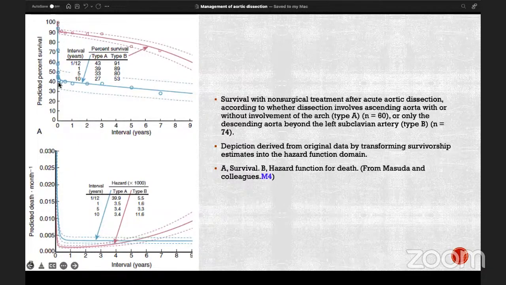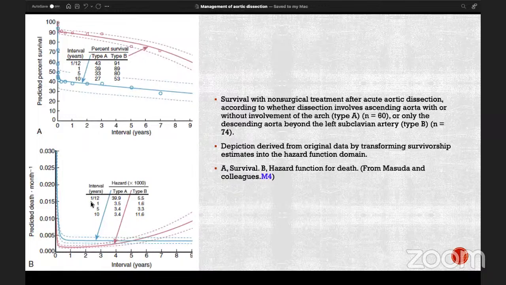And thereafter, it goes to a plateau phase. So long-term survival is almost stable, but the critical time is the first phase of the disease; after that, usually for patients who survive, the mortality rate is stable.